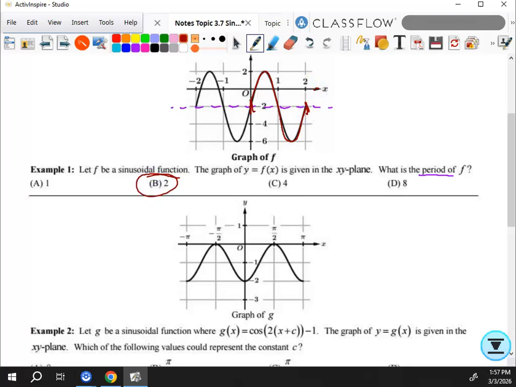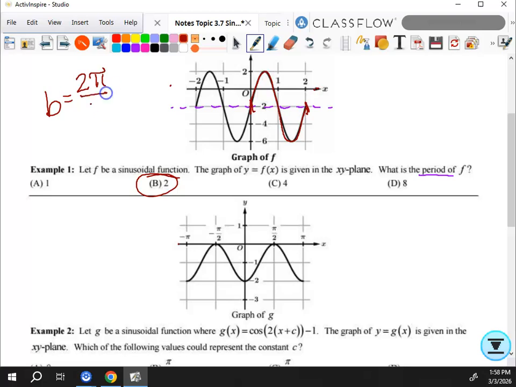There was some confusion earlier. I was trying to help somebody understand that. Notice on this graph your input values have pi's in them. On this graph, they don't. Whether your input values have pi's in them or not, you still find the period and the b value the same way. They did not ask me for the b value here, but if I needed it to write an equation, remember the b value is always 2 pi divided by the period.